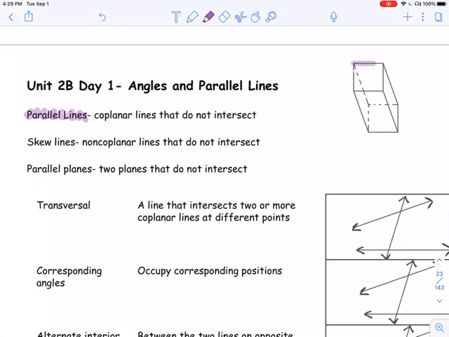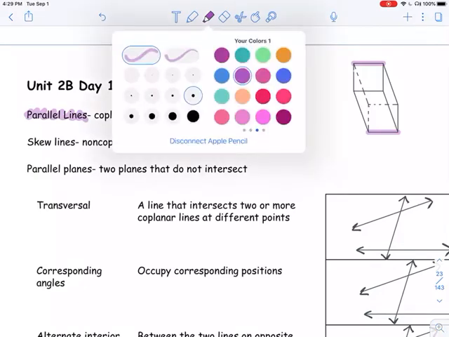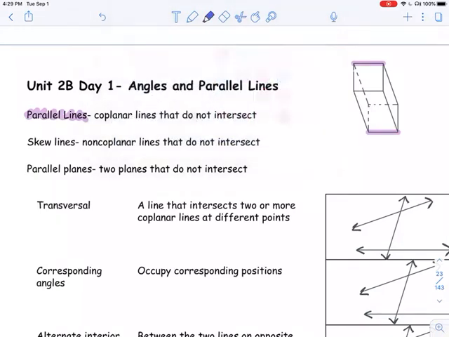So I could have this line up here and this line here as parallel. I could also have that one there, and this one down here would be parallel. Our plane would just cut through. So our skew lines are going to be lines that are non-coplanar, but that still never touch.